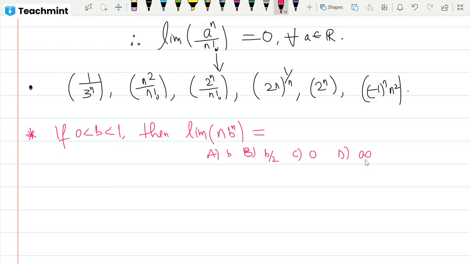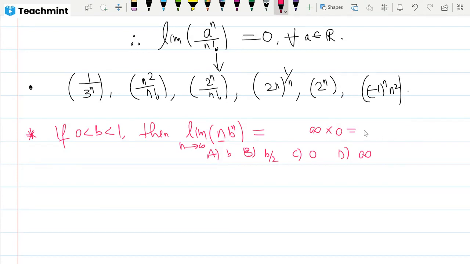I'll tell you why I put infinity in the answer. When you take n equals infinity, n becomes infinity, and as n tends to infinity, b power n is 0 because b lies between 0 and 1. So therefore we get infinity into 0 form.